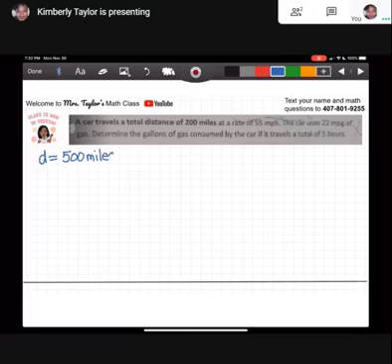We also know that they are traveling at a rate of 55 miles per hour. So what we need to find out first is how much time it took that car to travel 200 miles at 55 miles per hour.